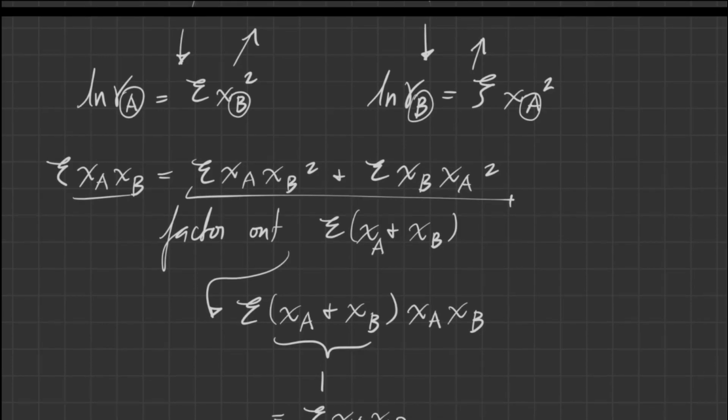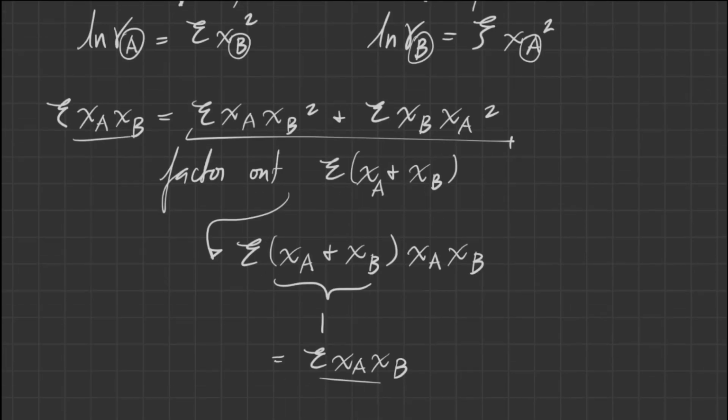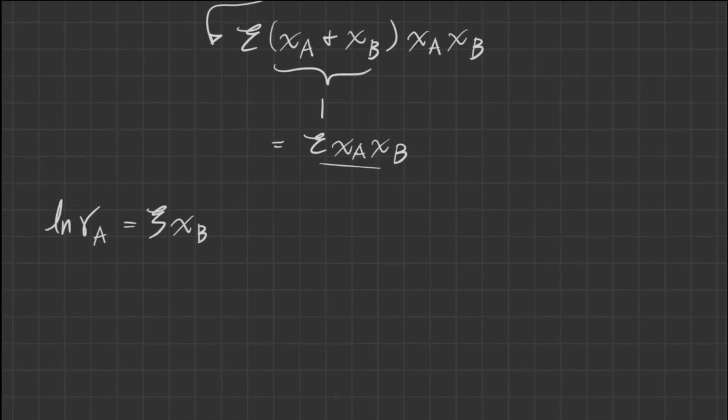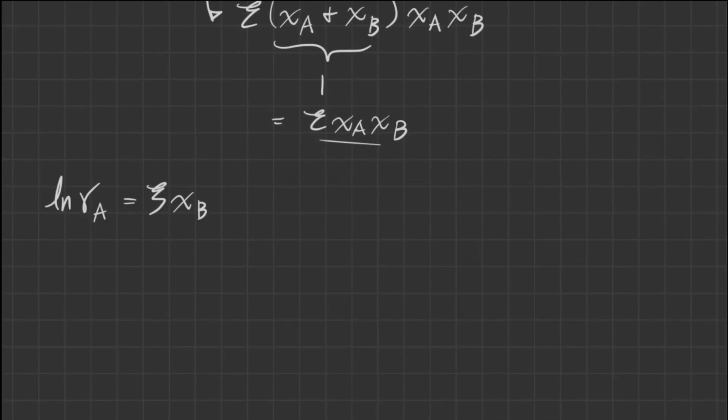So these expressions, the natural log of the activity coefficient of A is equal to xi times the mole fraction of B squared, the opposite component.